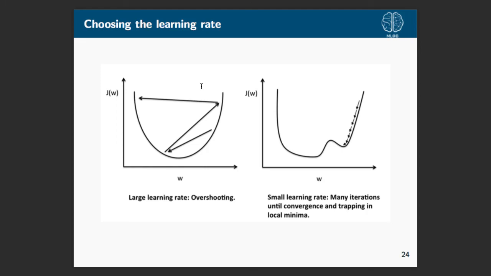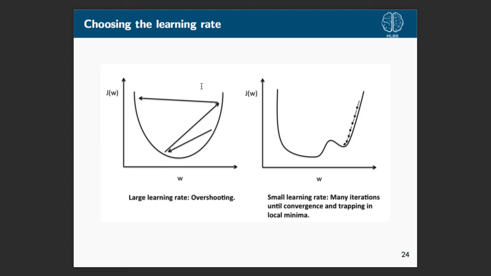I took a step, and it decreased my loss function pretty well. So I'm on the right track, I'm doing pretty good. So we'll take pretty much the same size step, or a big step, in the same direction. And if our learning rate is too big, then it could just go back to the other side of the parabola and overshoot. We can just keep going up and up, and rattle off, and that's a bad thing. We don't want that to happen.